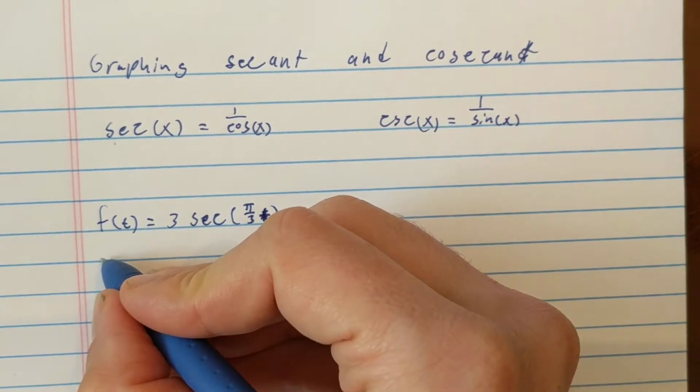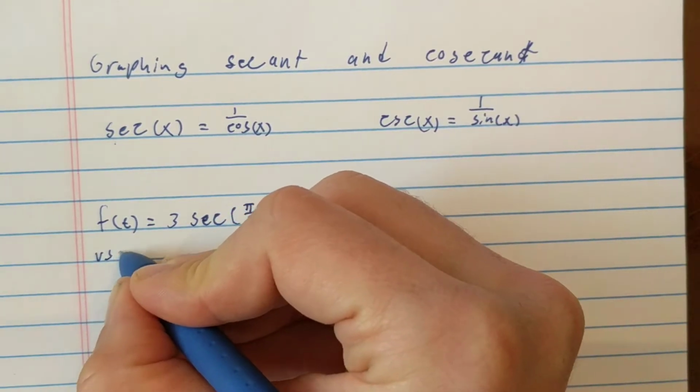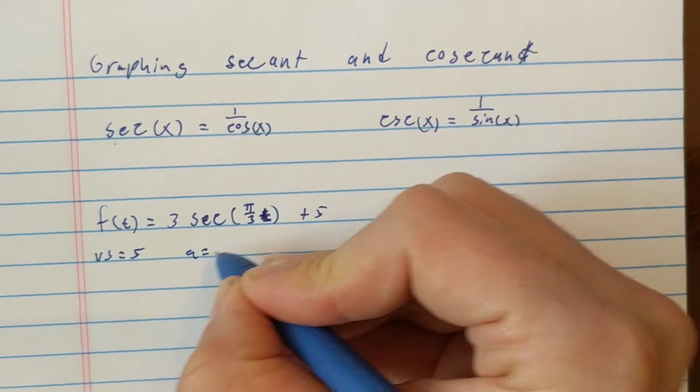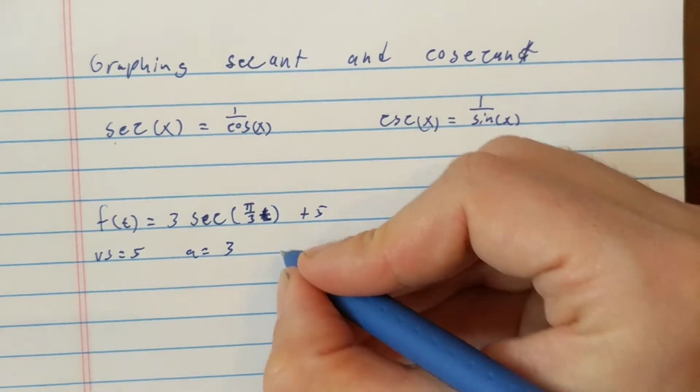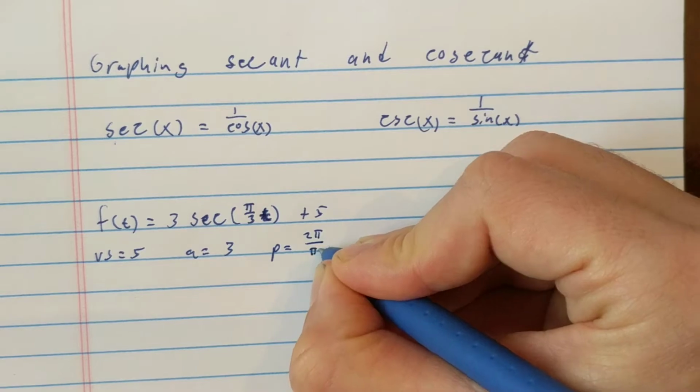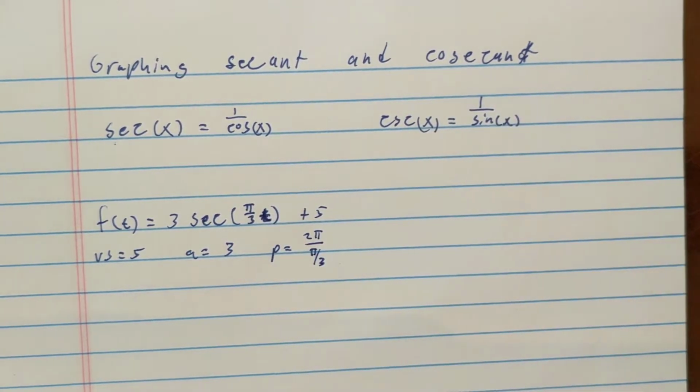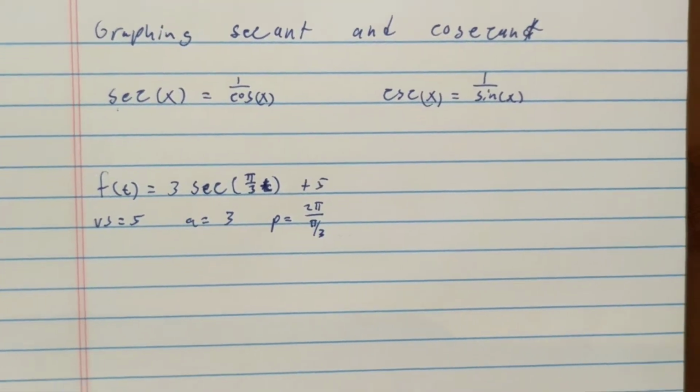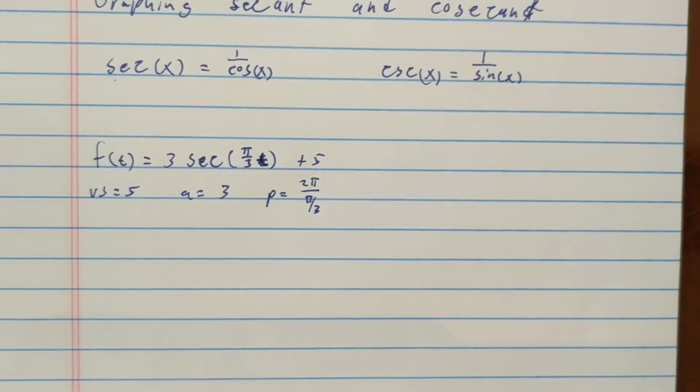So we know that our vertical shift here is 5 and our amplitude is 3. And the period here is 2 pi over 3, right? This is just from our previous lesson on how to graph sine and cosine.